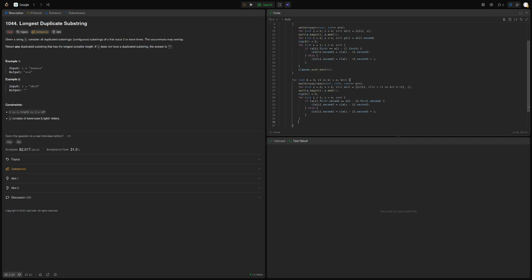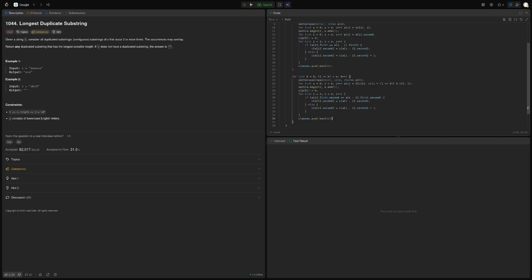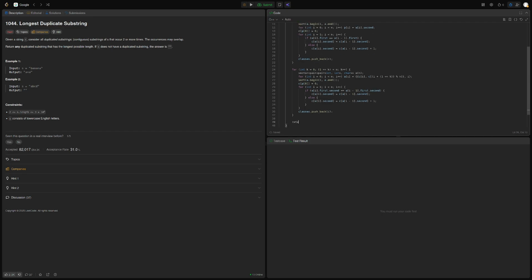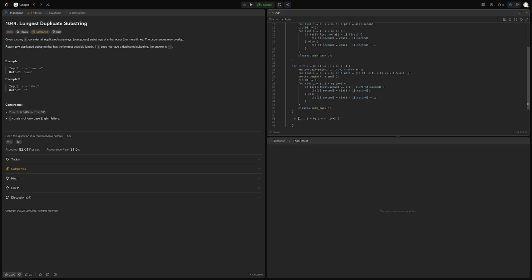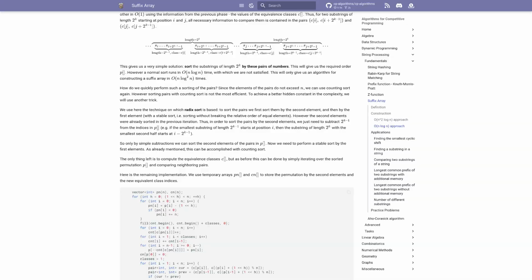I think I did it correctly. Classes push back C. We return this, and I keep all the classes so that I didn't do P[i]. PI equals A[i].second. I think that's correct.